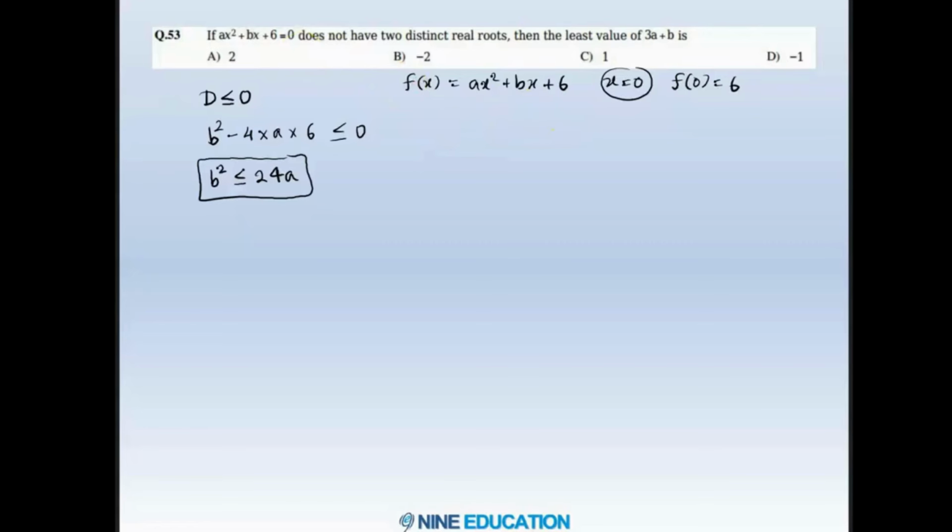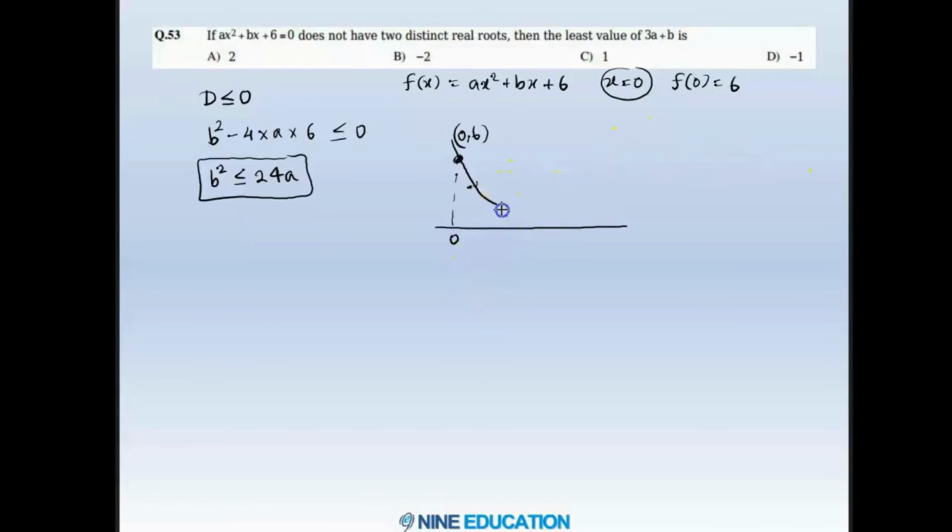So the function is basically above the x-axis. So at 0 on the x-axis, we are having (0, 6) over here. And now suppose the graph is coming down. Since it is a quadratic, it can be an upward parabola or it can be a downward parabola.